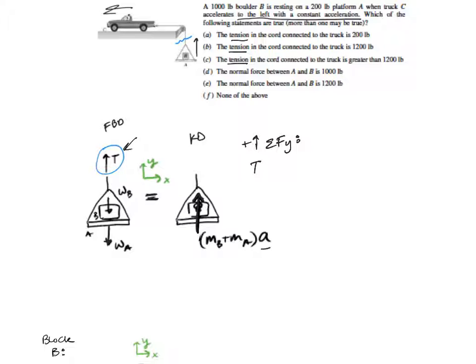So we've got tension minus the weight of A minus the weight of B. Over on the right-hand side, we'll have the mass of A and B, so the total mass times the acceleration. If I just go ahead and solve this again, I get that the tension is equal to the weights plus the mass times the acceleration.